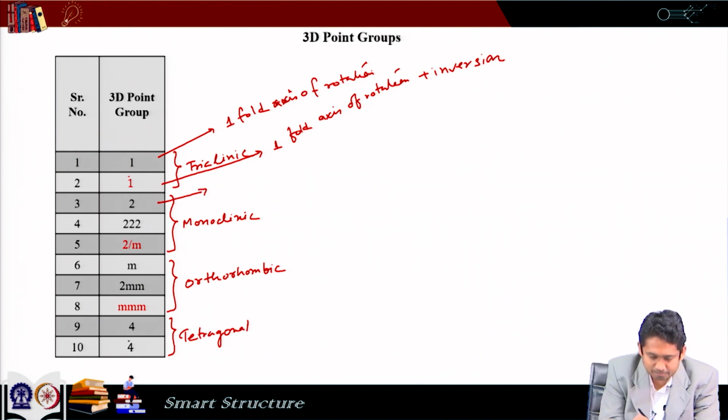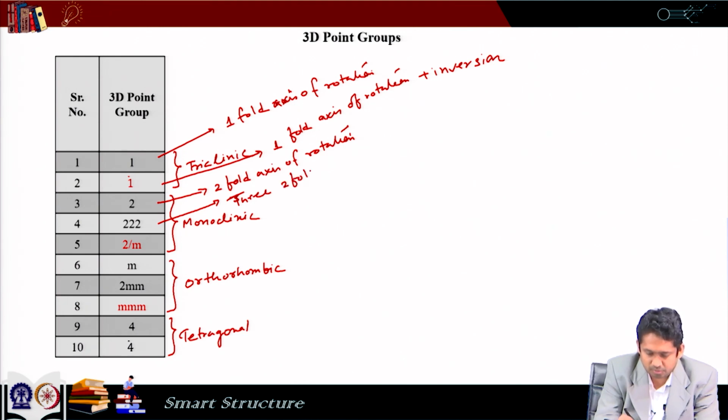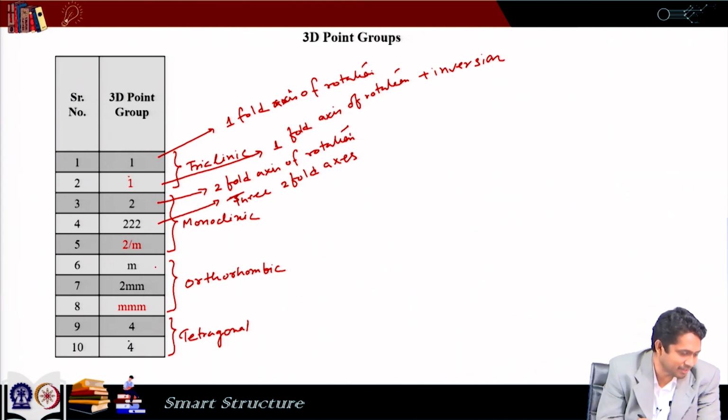This simply means a 2-fold axis of rotation, and here there are 3 2-fold axes of rotation. Now comes something where we have a mirror which is perpendicular to it.